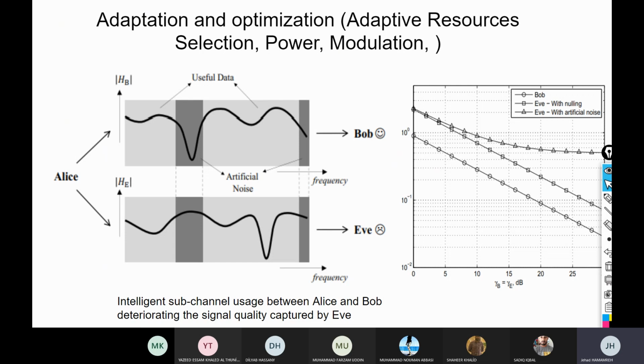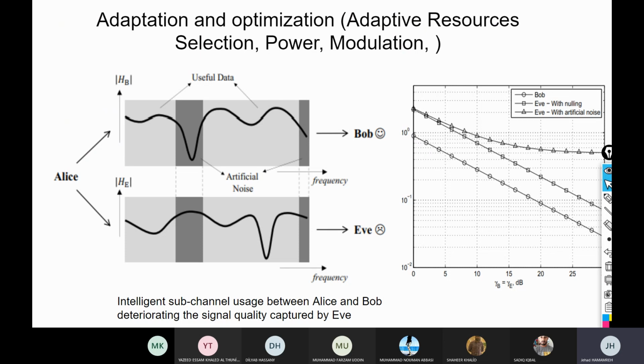This is for cases where you don't want to add artificial signal, because it can cause interference to other users and consume extra power, and I am in a situation where I cannot afford wasting any more power. Or you don't want to use secret key generation, and you want a new kind of technique that can really provide security while improving the performance of your system and not degrading it too much. So here we have the adaptation approach.